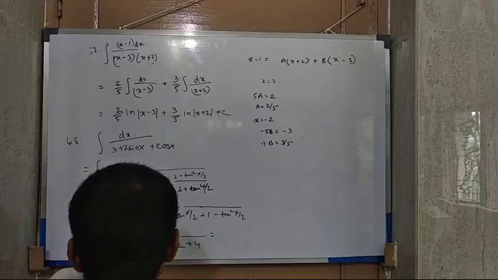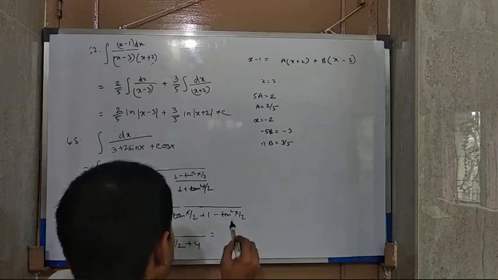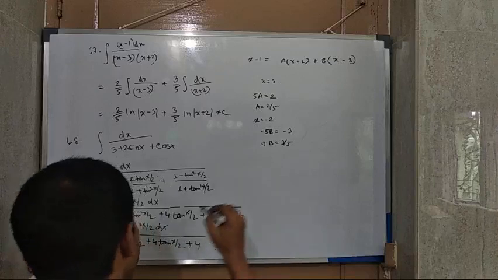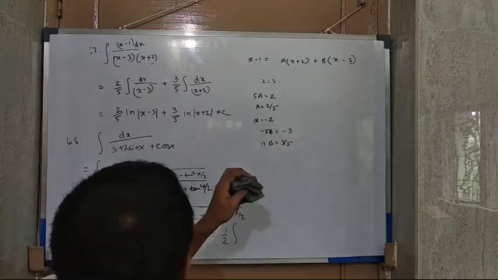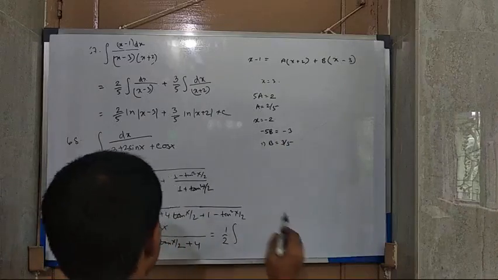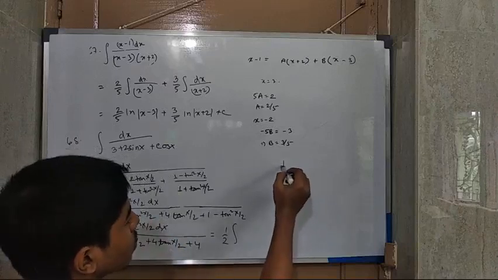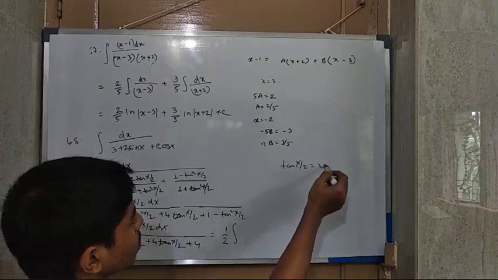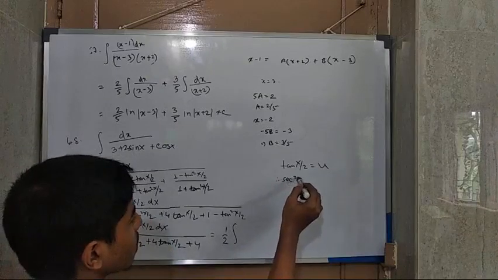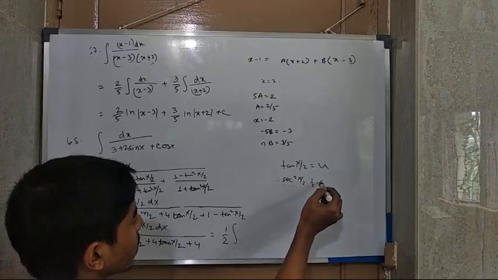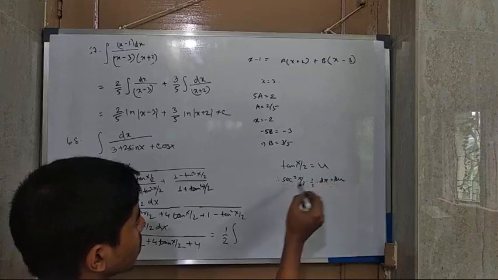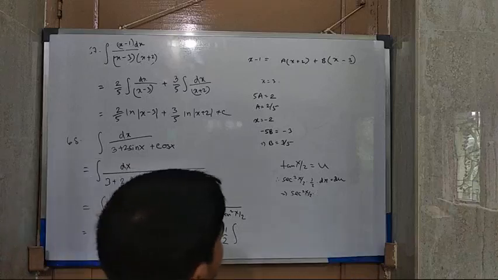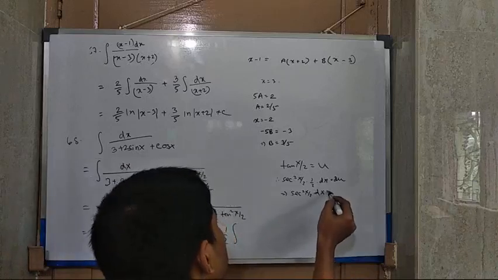So this is actually, let's take out half. So let's assume that tan x by 2 is equal to u. So sec square x by 2 times half times dx will be du, and sec square x by 2 dx will be 2 du.